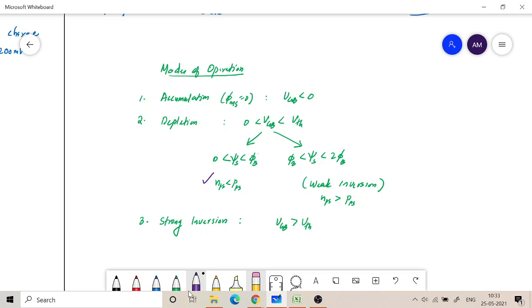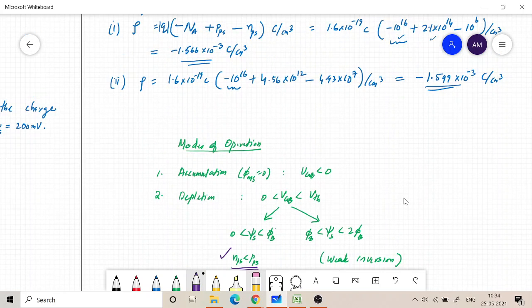You can see that from this relationship. NPS was always lesser, in one case 10 raised to 6, in another 10 raised to 7, but much lesser than PPS, which was 10 raised to 14 in the first case and 10 raised to 12 in the other. That's what we have done so far.